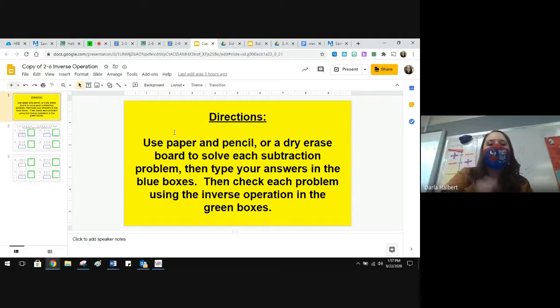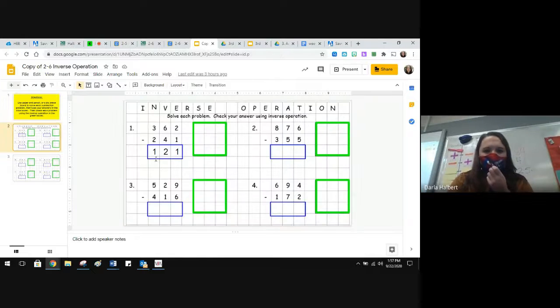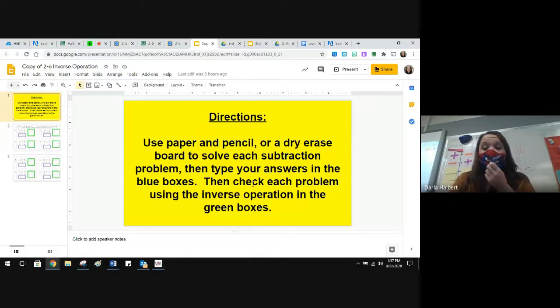Boys and girls online, use paper and pencil or a dry erase board to solve each subtraction problem. Then type your answers in the blue boxes. See the blue boxes? Okay. Then check each problem using the inverse operation in the green boxes.